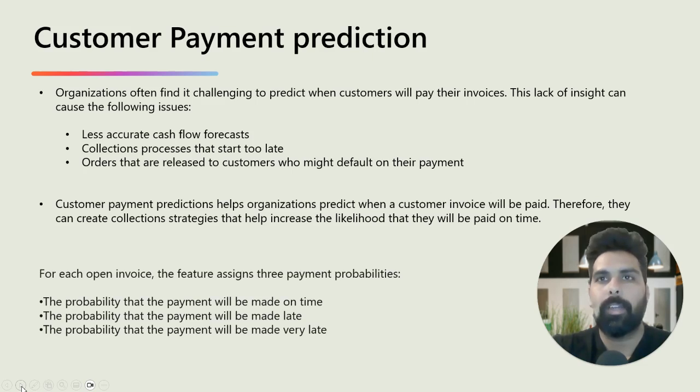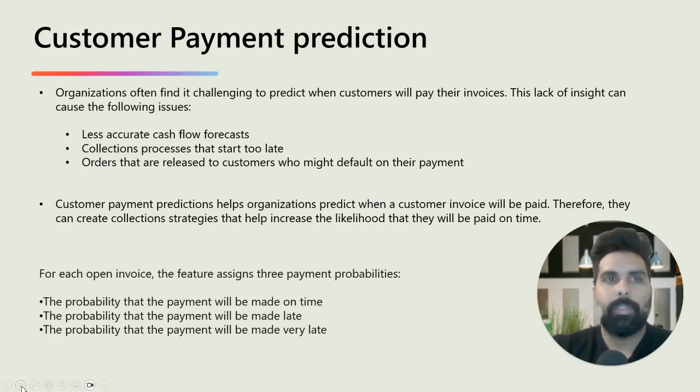Anything paid within the due date is considered on time, anything paid between the due date and due date plus 30 days is considered late, and anything paid after due date plus 30 days is considered very late. This is what the system helps us predict.